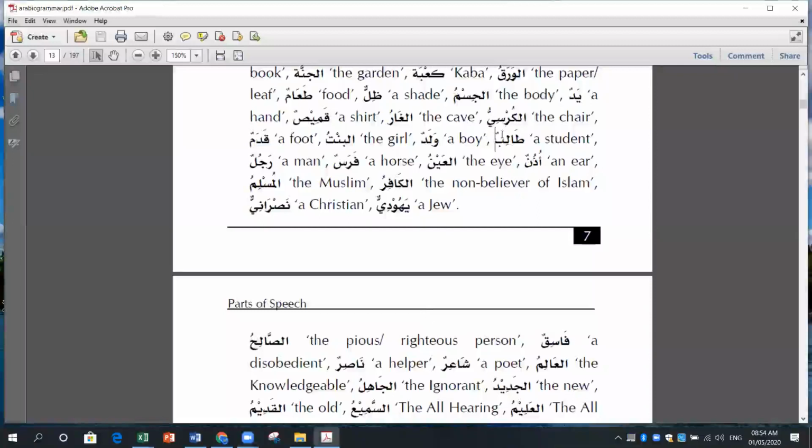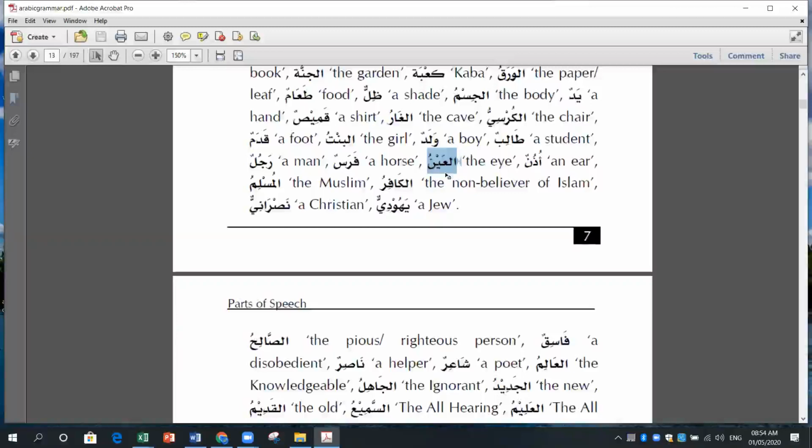For example, this one has double fathah and double dammah. Waladun: this 'dun' makes the sound of noon. If I read this one, it is al-ainu. Noon has only one dhamma, so it does not make the sound of noon.